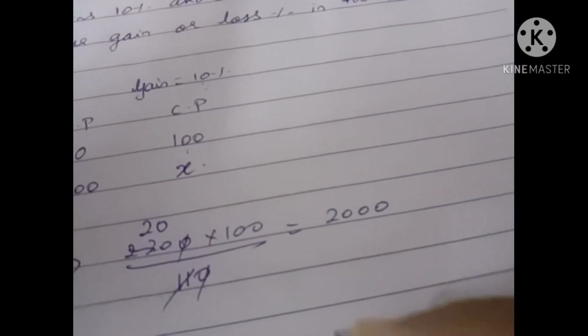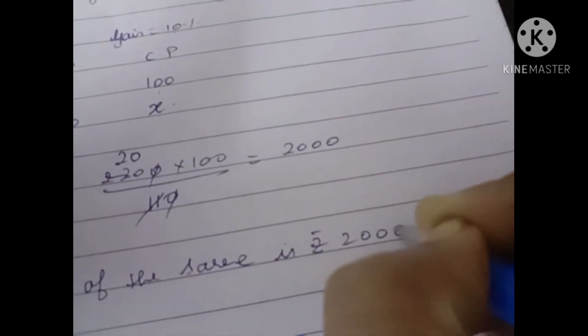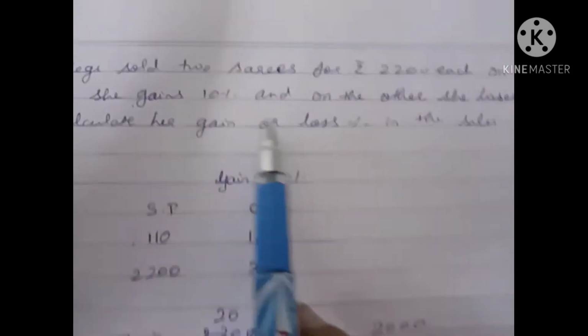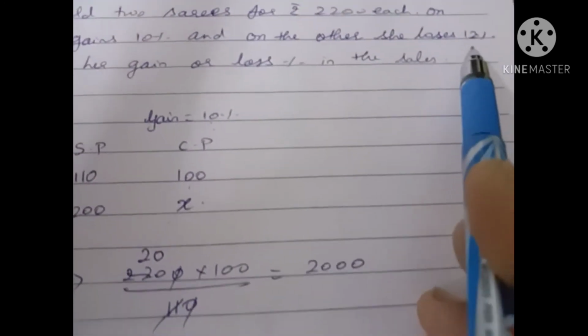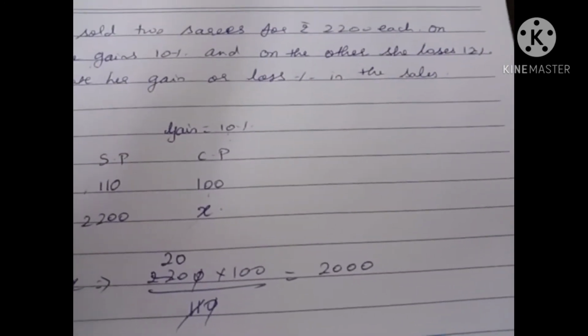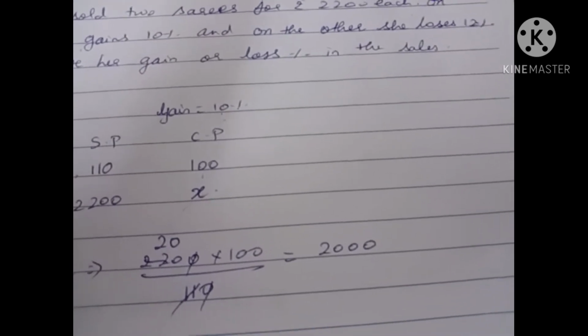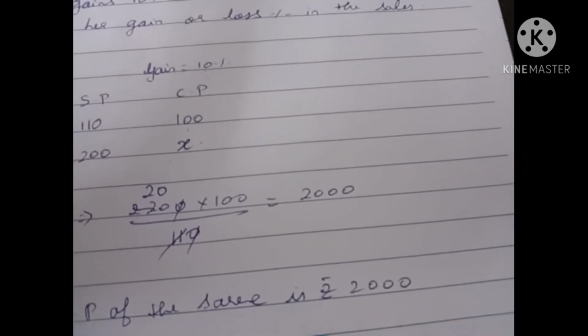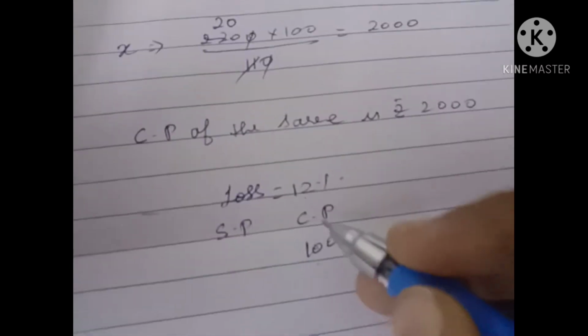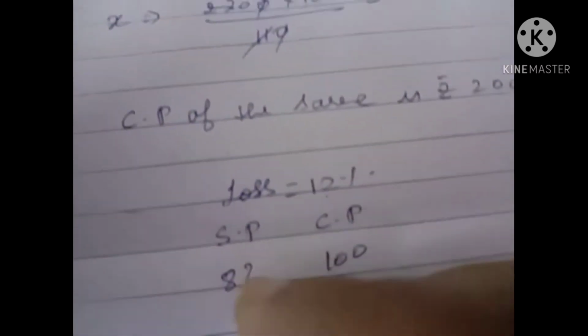Therefore the CP of the saree is rupees 2000. Next we have to find out the loss. On the other she loses 12%. So loss is equal to 12%, SP and CP. CP is 100, and 12% loss means you have to subtract it. 100 minus 12 is 88.